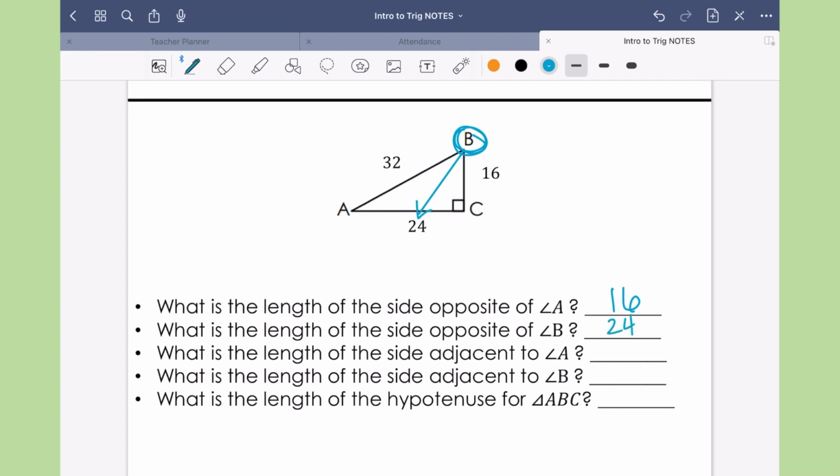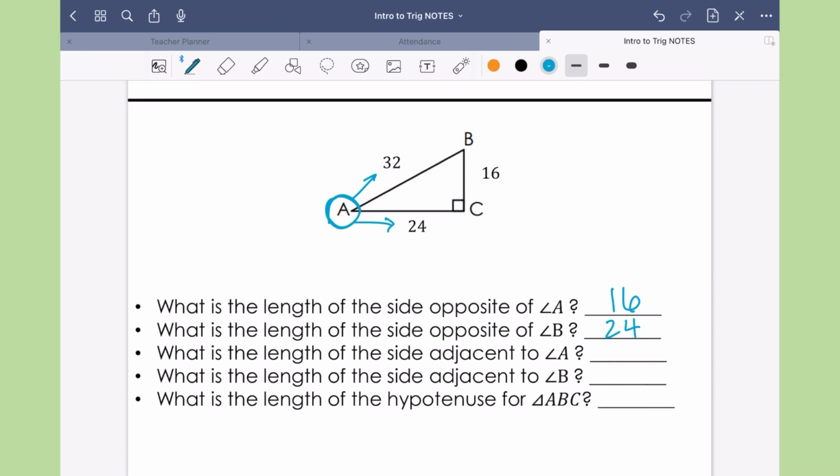Good. Okay. What is the length of the side adjacent to angle A? So we're back to angle A. But now I want to know who's adjacent to angle A. This is where it gets tricky. Adjacent means next to. But I have 2 sides next to angle A, 32 and 24.